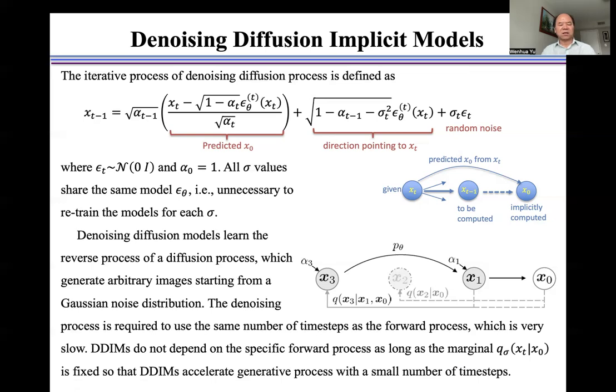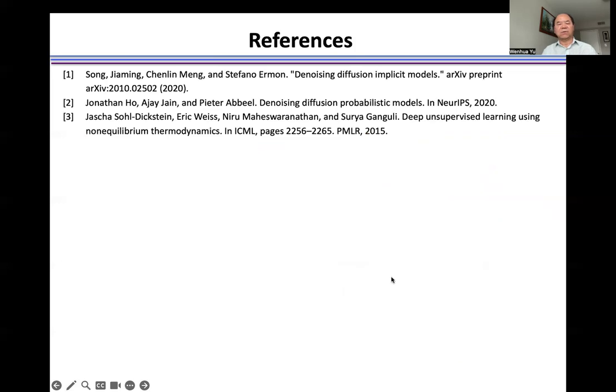DDIM models do not depend on the specific forward process as long as the marginal Q sigma is fixed, so that DDIM models accelerate generative process with a small number of time steps. For example, as shown here, we can calculate x1 directly from x3, skipping x2. For more details, please check these references.